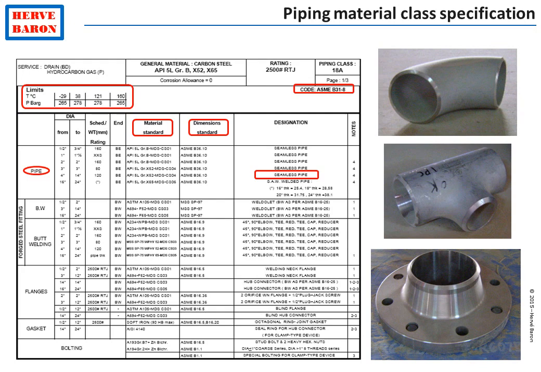The piping material class specification shows for each type of piping item and for each diameter the required material by reference to an international standard, usually ASTM, the required dimensions, also by reference to an international standard, the type of manufacturing, as well as the wall thickness.